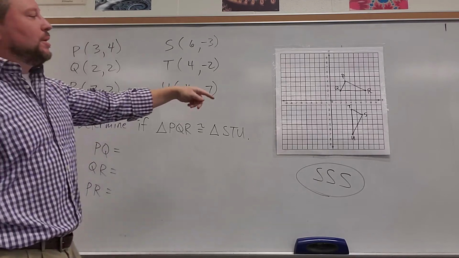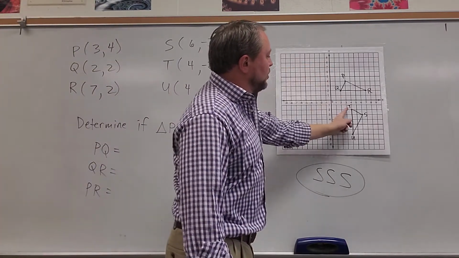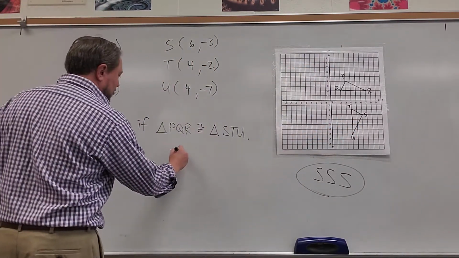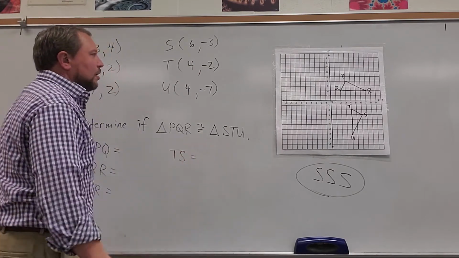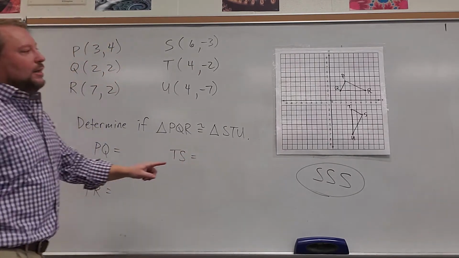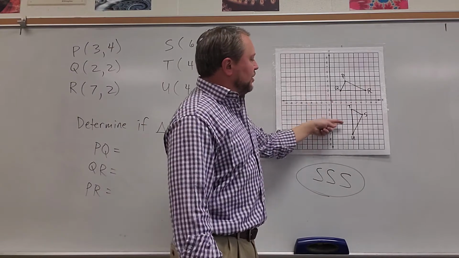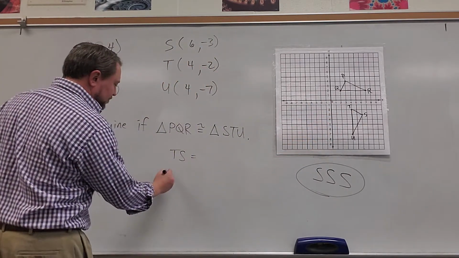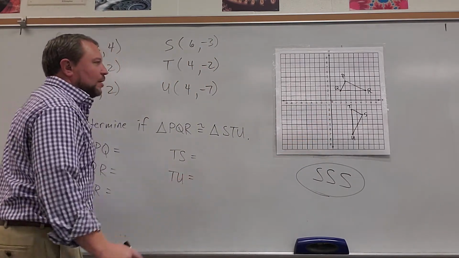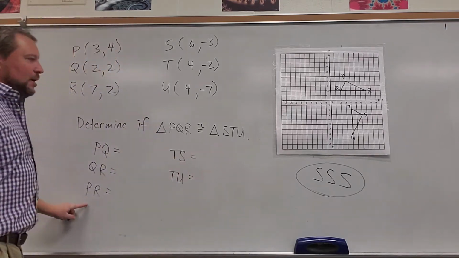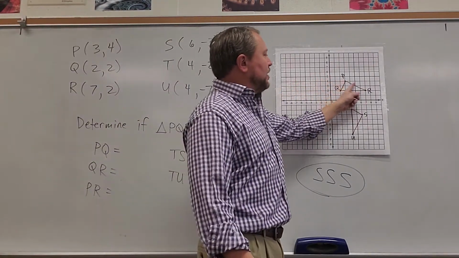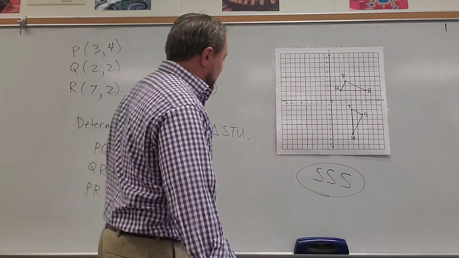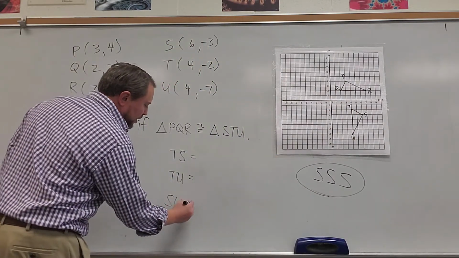If I look at my picture, PQ looks like it matches TS. The QR side looks like it matches the TU side. And the PR side looks like it should match the SU side.